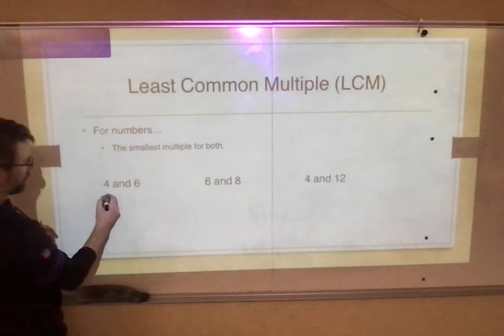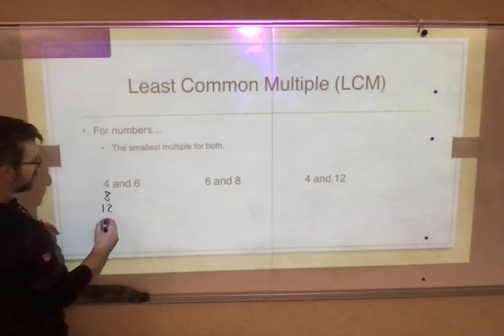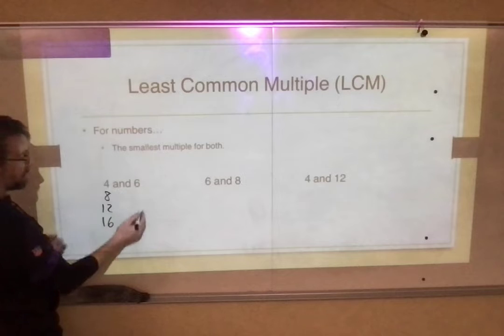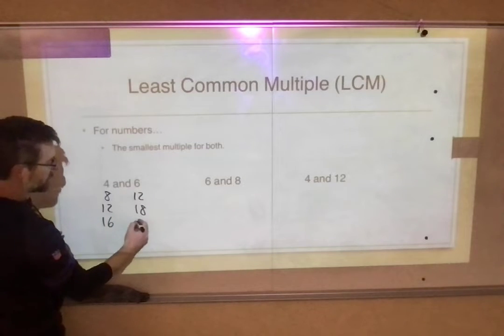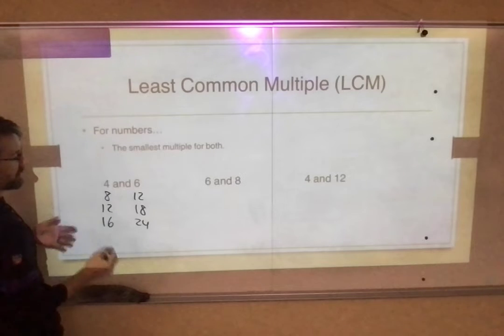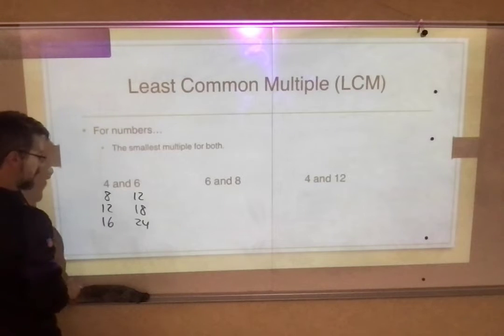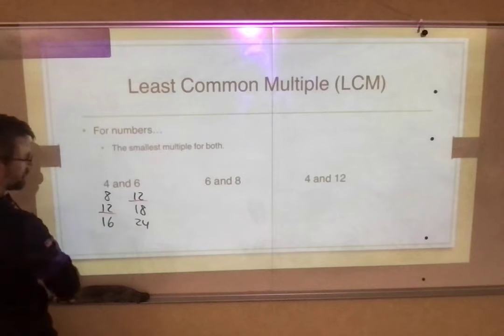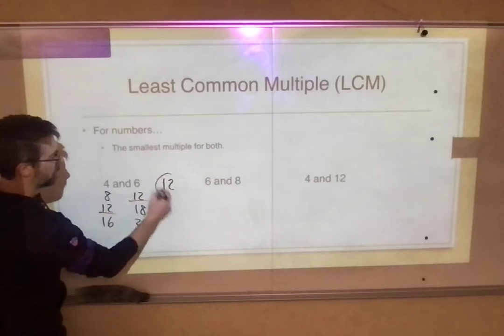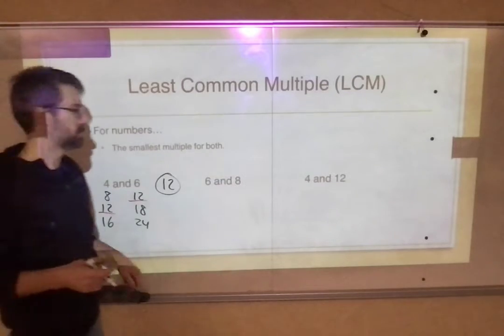If we start with a 4, the next would be 8, then 12, then 16. I can do the same thing with 6, 6 would then be 6, and then 12, 18, 24. I'm just counting by 6s. The first place that they match is the 12, here and here. And so the least common multiple between 4 and 6 is 12.